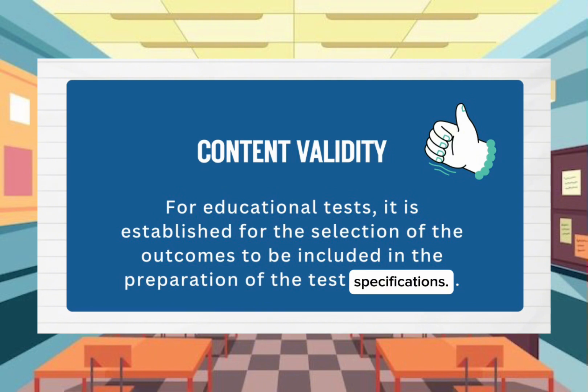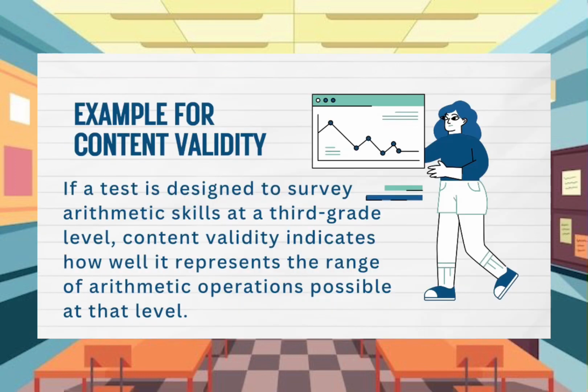For educational tests, it is established for the selection of the outcomes to be included in the preparation of the test specifications. Example of content validity: if a test is designed to survey arithmetic skills at the 3rd grade level, content validity indicates how well it represents the range of arithmetic operations possible at that level.